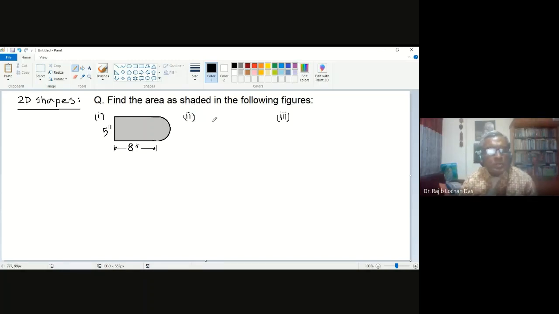The second question is something with a triangle, and there is another thing linked with this. Let me take another technique here.